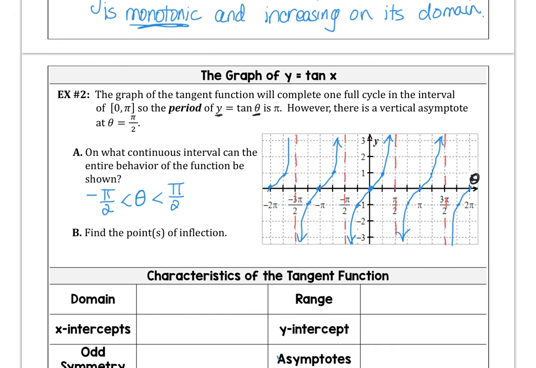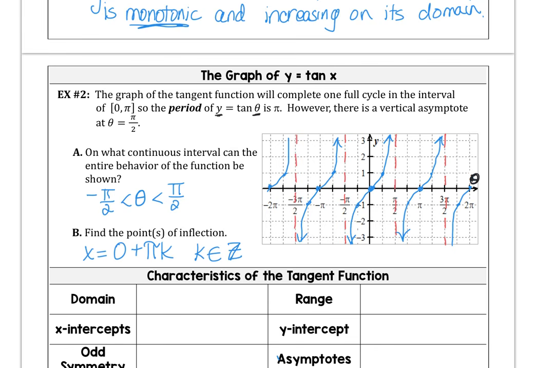In part B, find the points of inflection. Well, they're going to occur every pi radians. Points of inflection. That would be here, here, here, here. So those would happen where x is 0 plus pi times k, where k belongs to the set of integers.